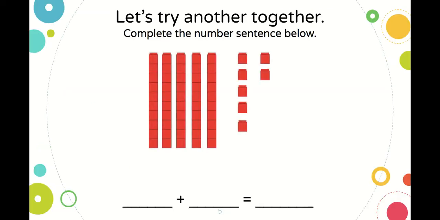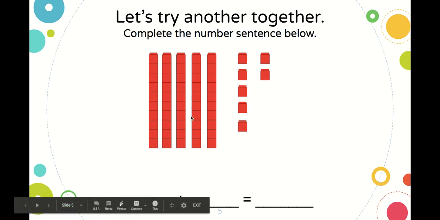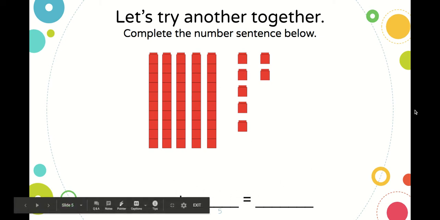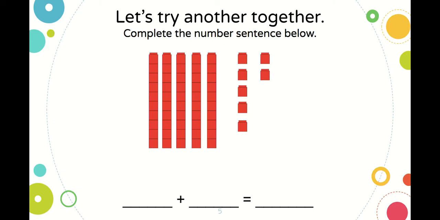All right, so here's another one. This time they flipped it on us. They gave us the base 10 blocks and the cubes, and then we have to figure out what the numbers are going to be here. So let's see. We have 10, 20, 30, 40, 50 base 10 blocks. So we have 5 groups of 10, and we'll put that in the first spot.